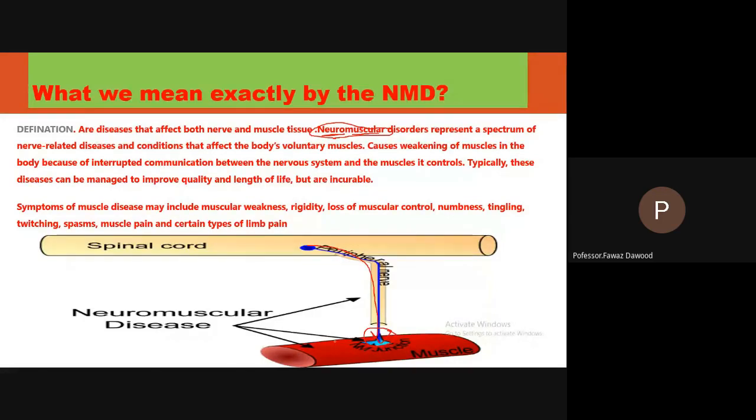As a result of that, most of the muscles which receive the nerve from the spinal cord may complain from weakness, rigidity, and even loss of muscle control, even tingling, numbness, and muscle spasm also. The most important point is that there is a disturbance in the connection between the nerve and the muscles, and as a result of this, neuromuscular disease is initiated and occurs.